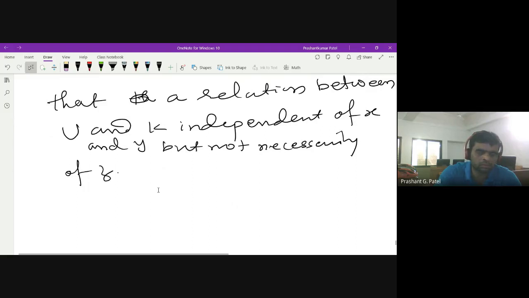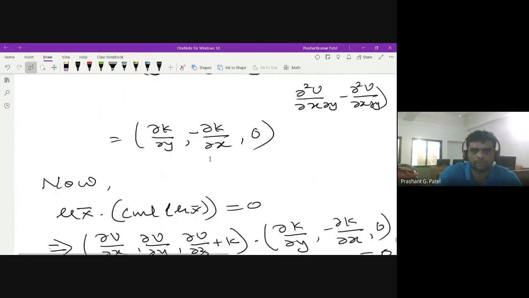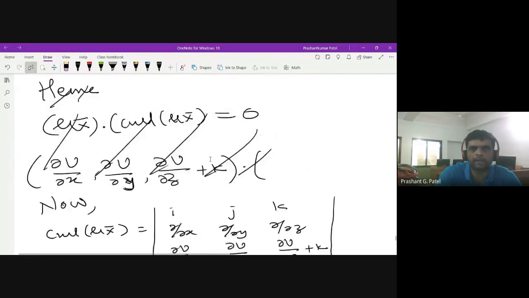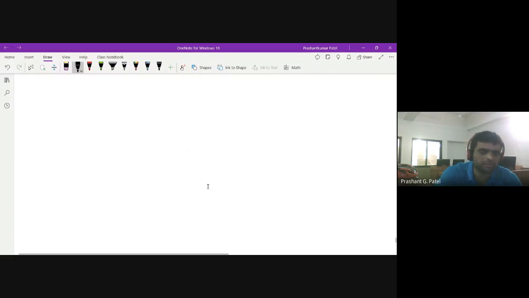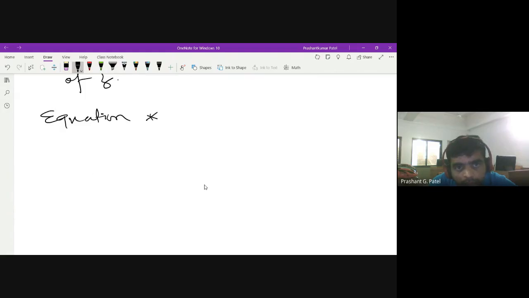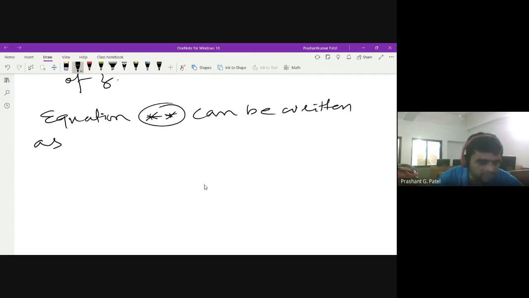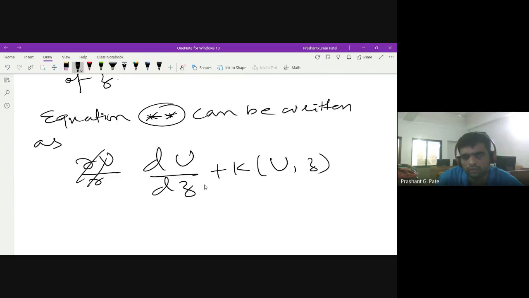Therefore, the equation, that is del u by del, this equation, if I call it double star, so the equation double star can be written as, sorry, not del but du by dz, but now u is only a function of z, plus k u z equal to 0.